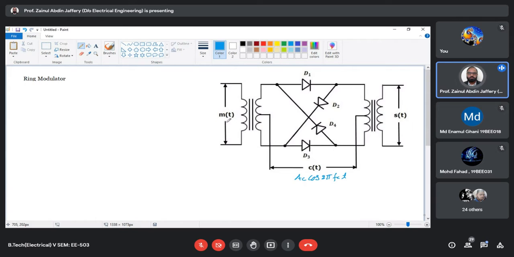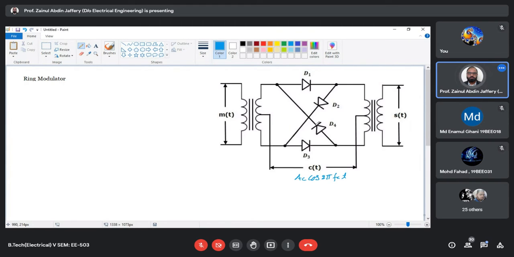So later on, this will be analyzed for the sinusoidal signal, but for that matter, you can connect any other modulating signal. Now these 4 diodes have been making a ring type. If we see like this, that is why the name has been given, ring modulator.